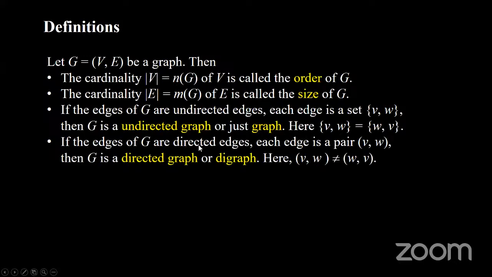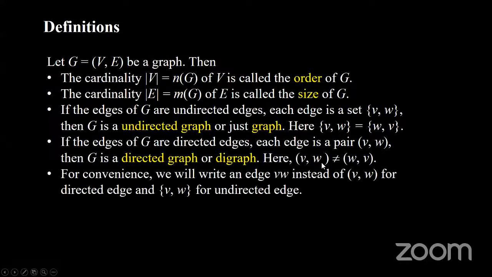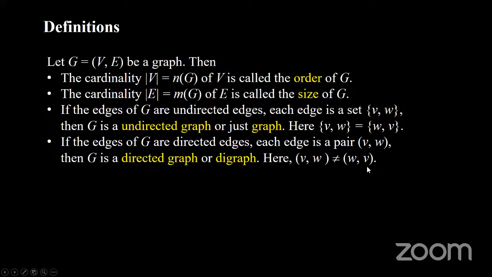And if it is a directed graph, then the edge is a pair, an ordered pair (v, w). It means that it goes from v and ends up at w. And v and w are not the same: (v, w) and (w, v) are not the same.